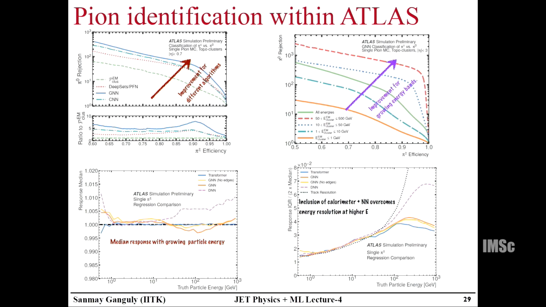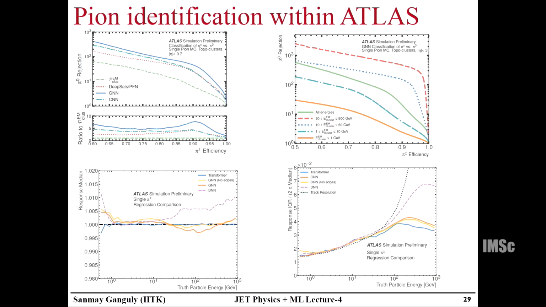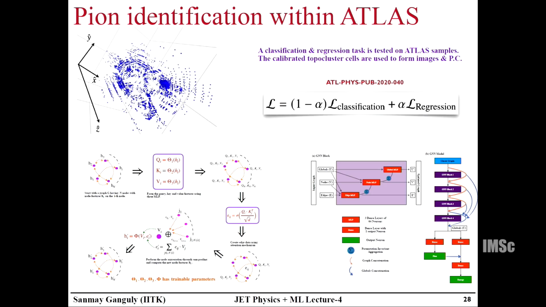The dotted lines are basically without any neural networks, right? The track resolution. So if I just take the lower right plot, this is for the particular task of identifying pions.